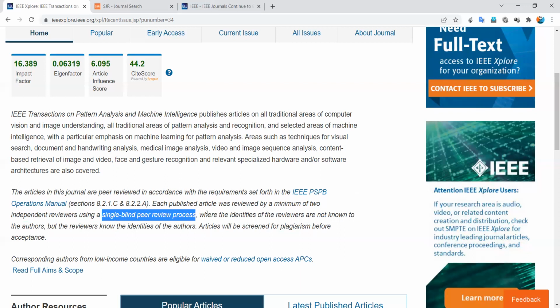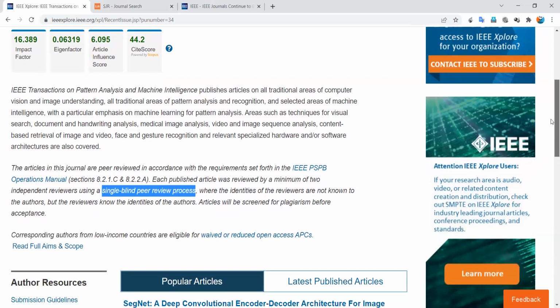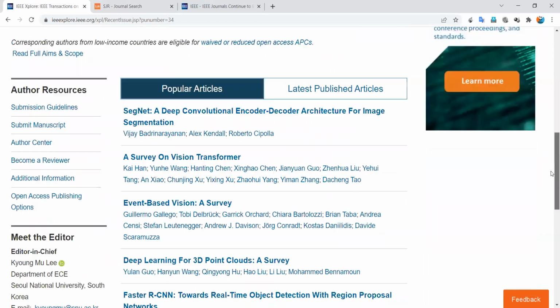So some of the journals or transactions also follow the double blind peer review process, and the journals following double blind peer review process are supposed to be considered of better quality, or at least their ethical guidelines are supposed to be considered better. Okay, because in any way the chances of non-ethical practices are less in comparison to the single blind peer review process.